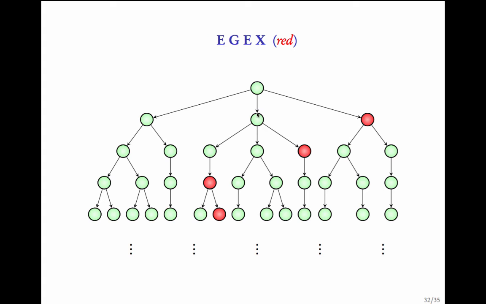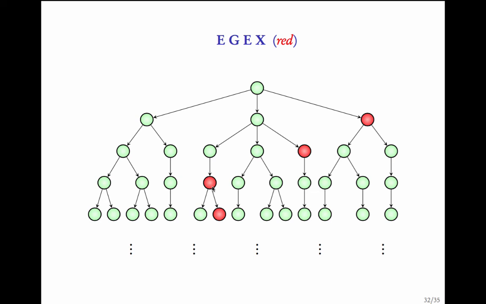Look at this state. From this state, there exists a path where X red is true. So this state satisfies EX red. Look at this state. There exists a path satisfying X red. So starting from this state, look at this path. If you look at this path, next of red is true. Similarly, start from this state.